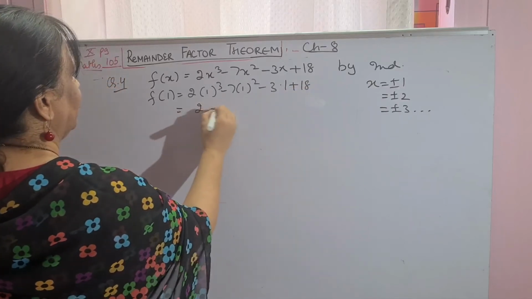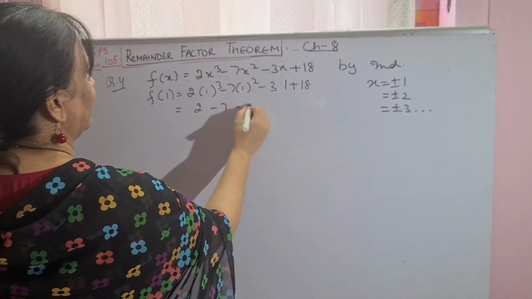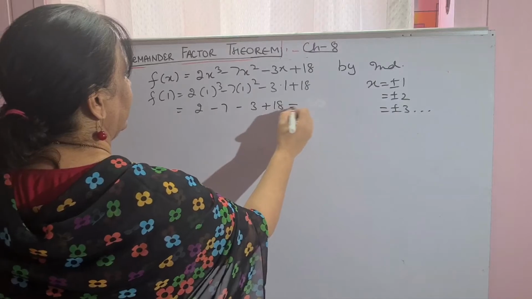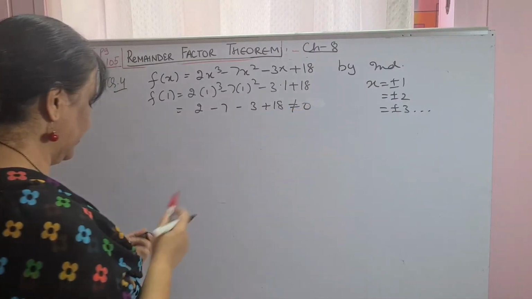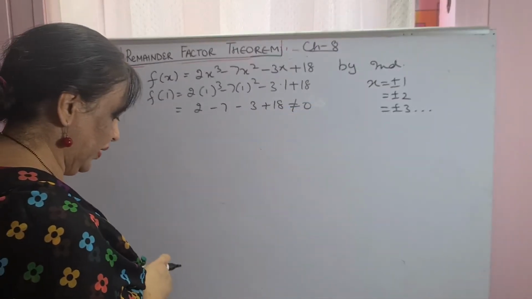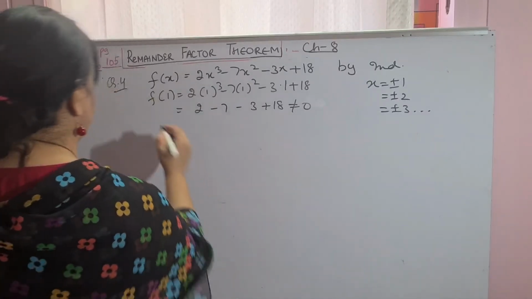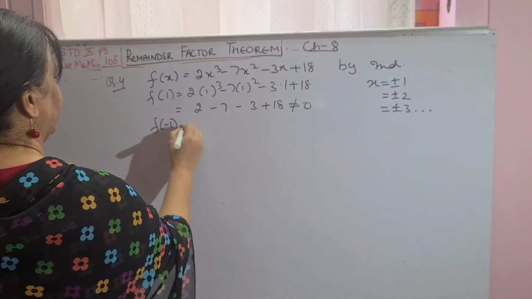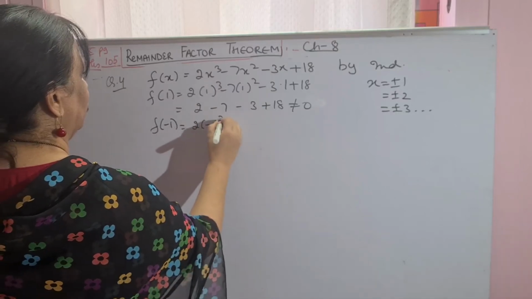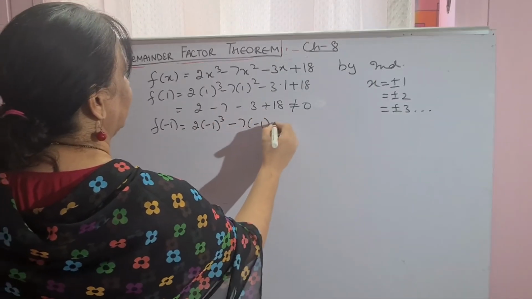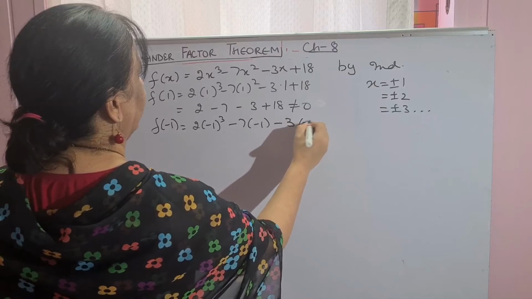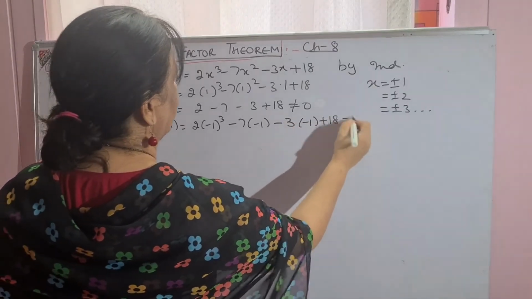See whether it comes equal to 2 minus 7 minus 3 plus 18, not equal to 0. You will try it till 3 and one will work. We'll try again with minus 1: 2 into minus 1 cube minus 7 into minus 1 square minus 3 into minus 1 plus 18. This is also not equal to 0.